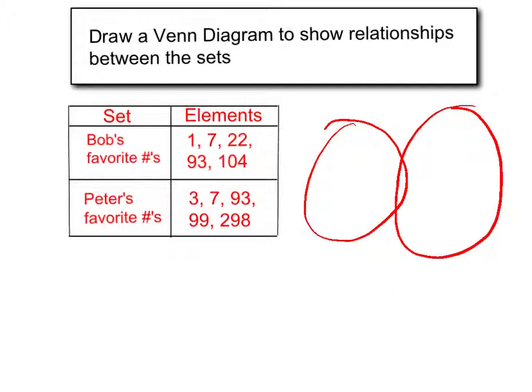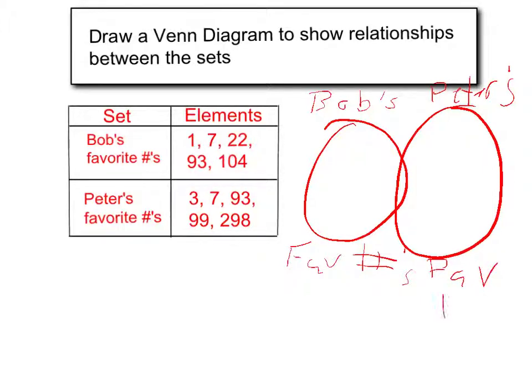Then label one Bob's favorite numbers. And label the other Peter's favorite numbers. Then we take the numbers only Bob likes, 1, 22, and 104.